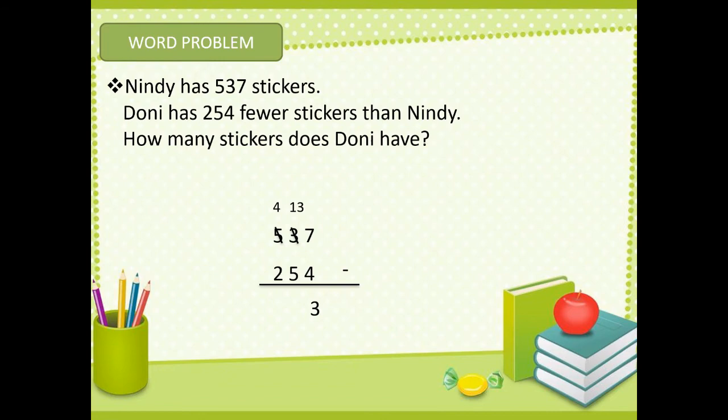Now, we can subtract the tens. 13 tens minus 5 equals, yes, 8. Lastly, subtract the hundreds. 400 minus 200 equals, yes, 2. So the answer is 283.